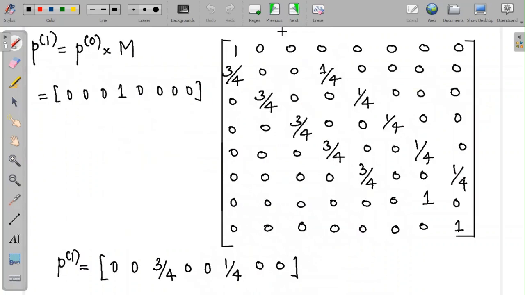P1, again, by the application of Chapman-Kolmogorov equations, is the product of P0 and M. So P0, as we discussed, is this 1 by 8 matrix, and M is this 8 by 8 matrix.